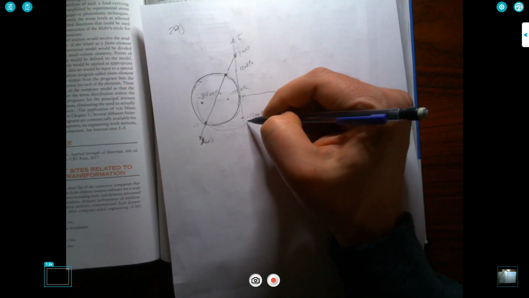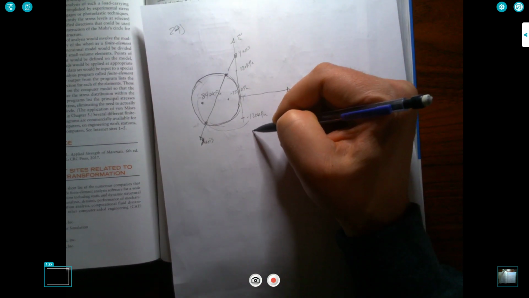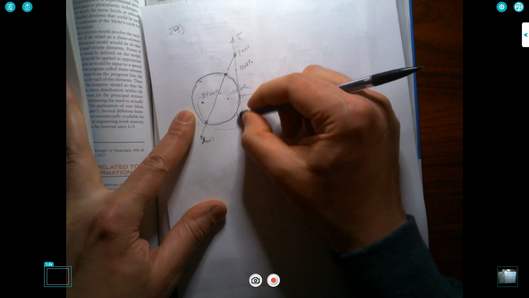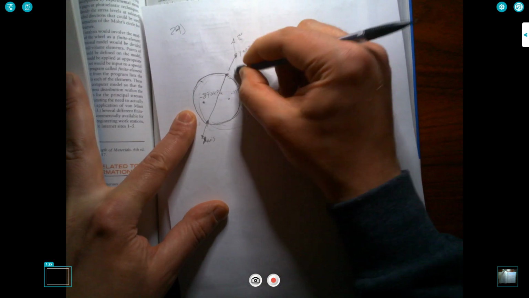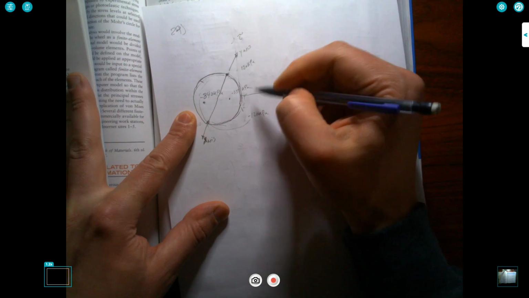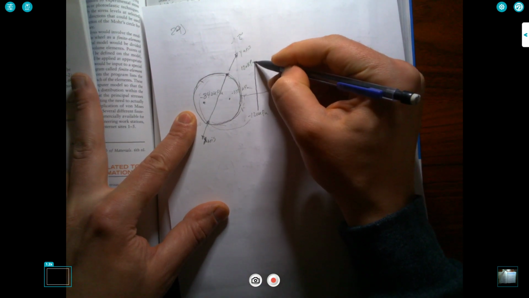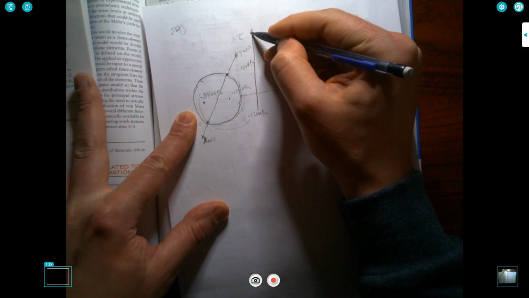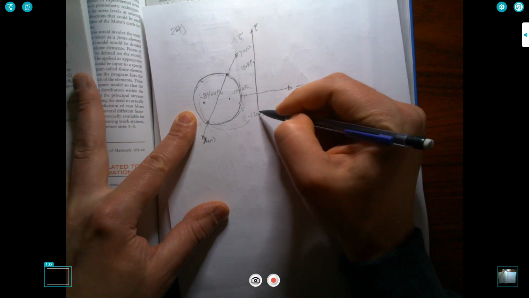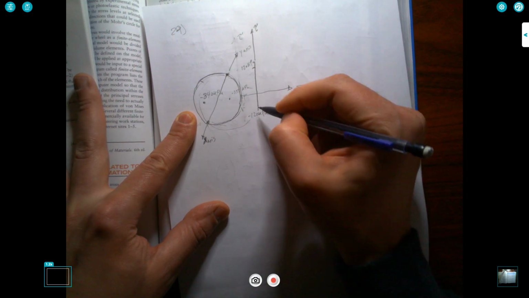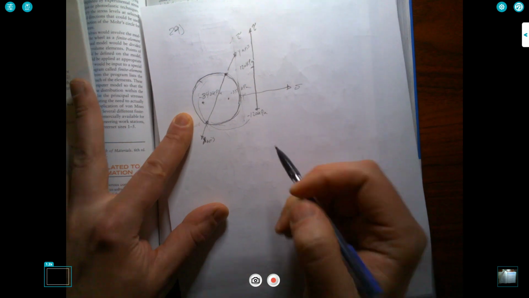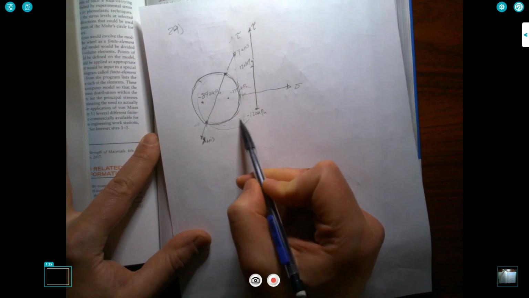I should have given myself a little more room. Draw the axis over here a little bit further. We had 120 there, 120 there. All right, so that would give us our circle.